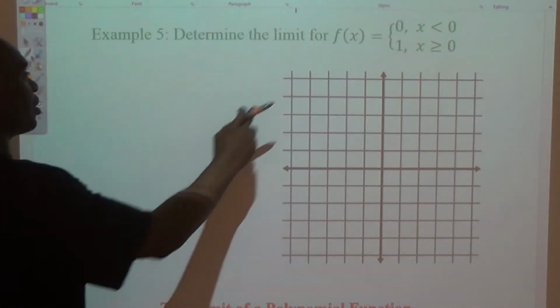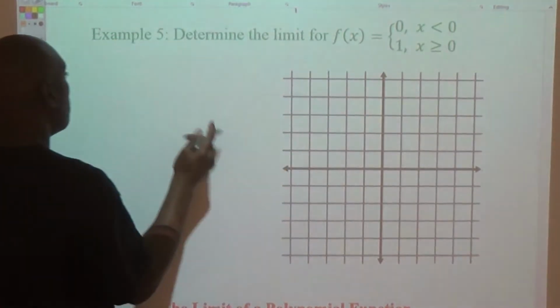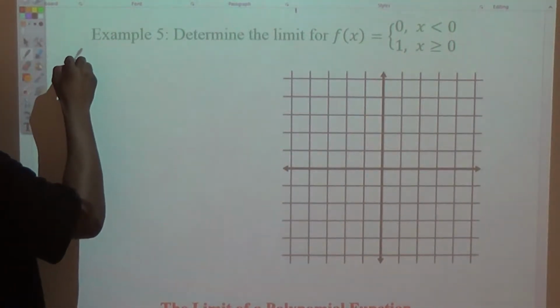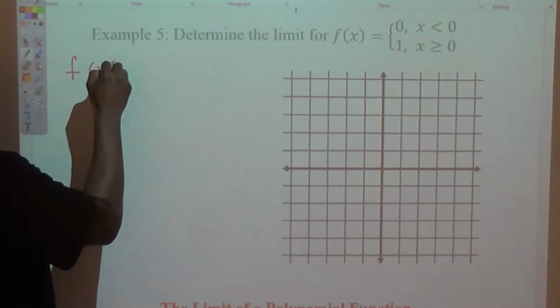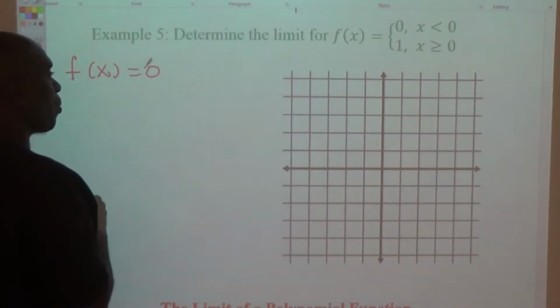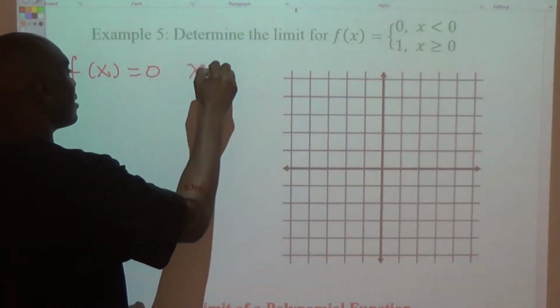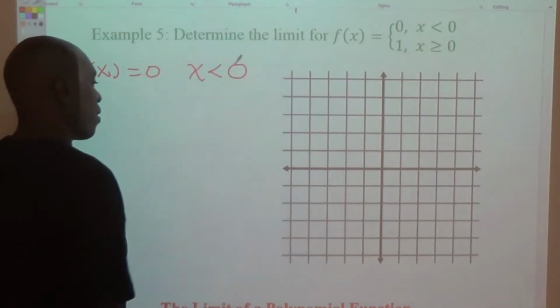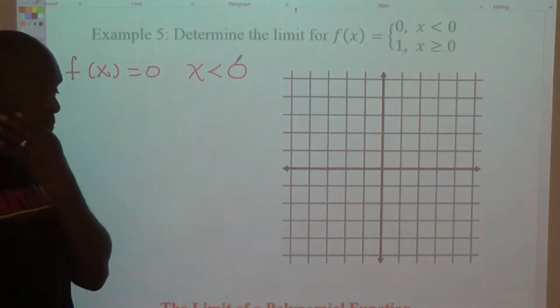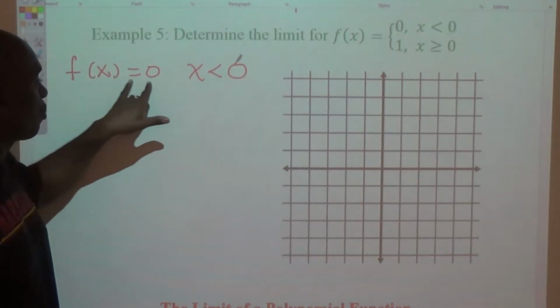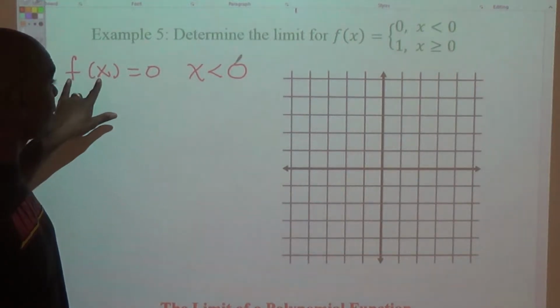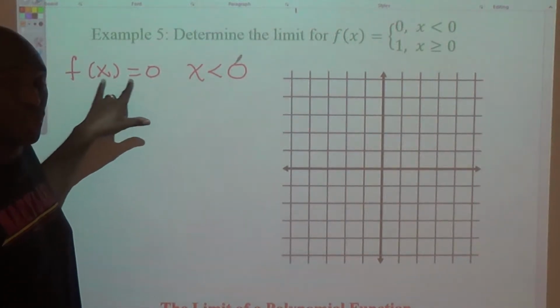Alright, so first let's consider f of x equals 0. f of x is 0 when x is less than 0. Let's graph that. If I graph f of x equals 0, remember, f of x is like saying y equals 0.